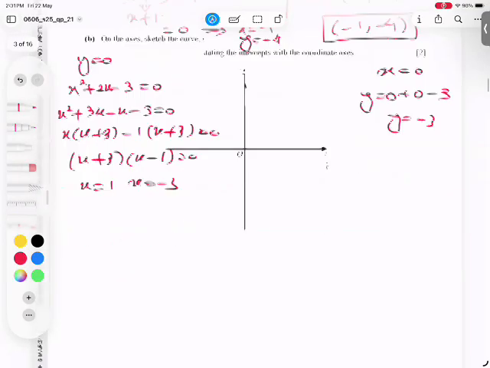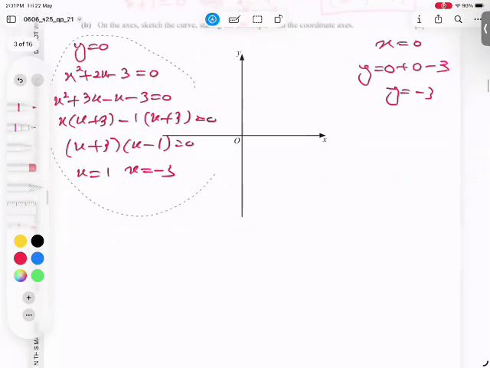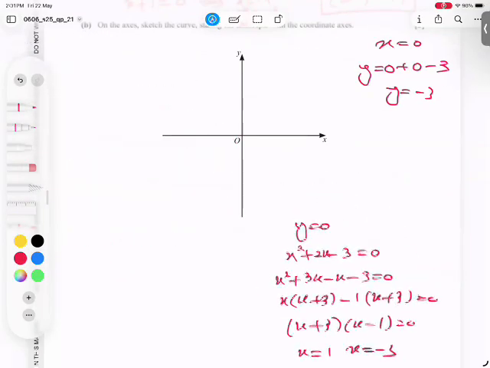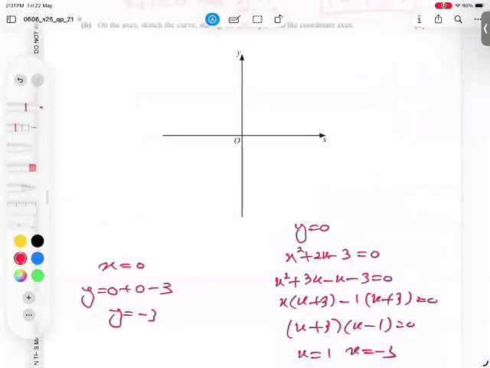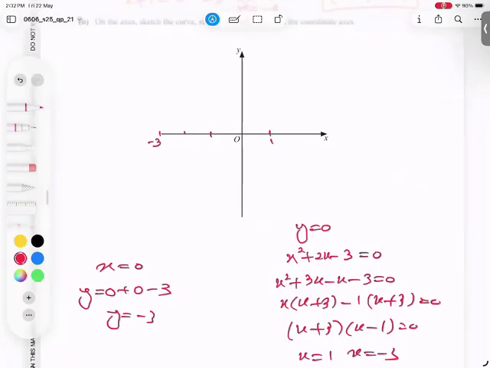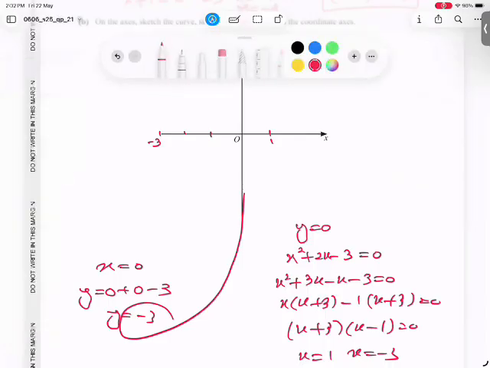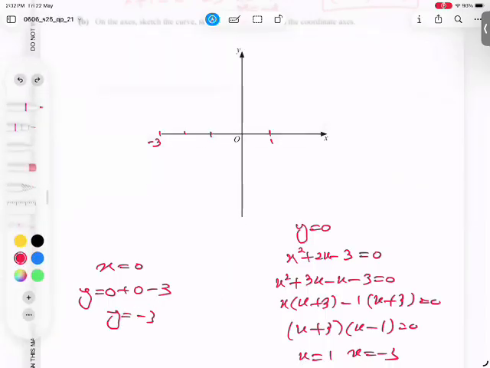Okay, I take this down here. So now students, very clear. Now 1 is somewhere here, so 1, 2, and 3. So -3 and we have a positive 1 here, and -3 is somewhere here below on the y-axis.